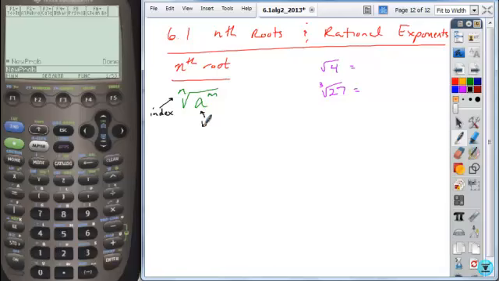The number on the inside will have two parts potentially. It has a base. If it's just a number, I'll refer to it as a base. And then it may have a power as well.